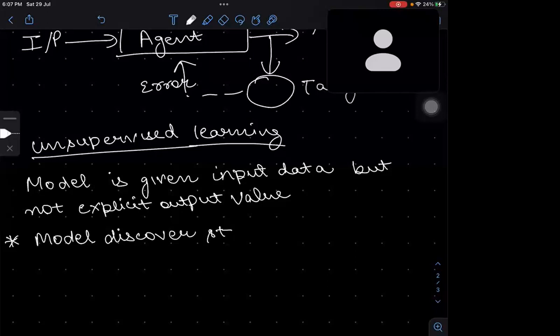So basically, I was saying that the model is given the input data, but it is not given the explicit output value. So the model has to discover on its own the structure of the data.